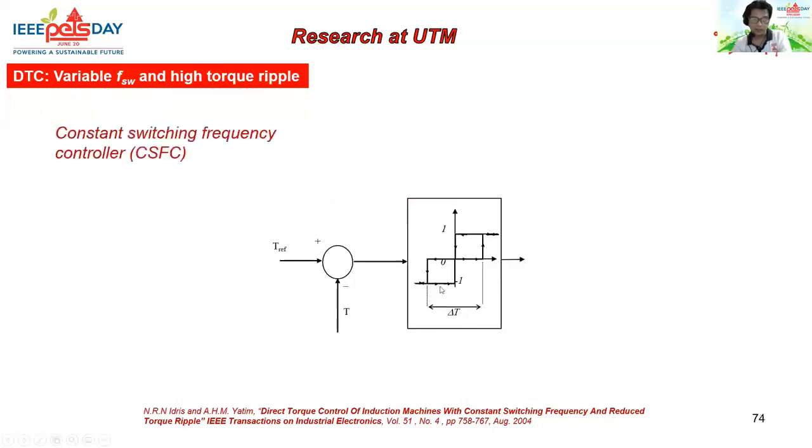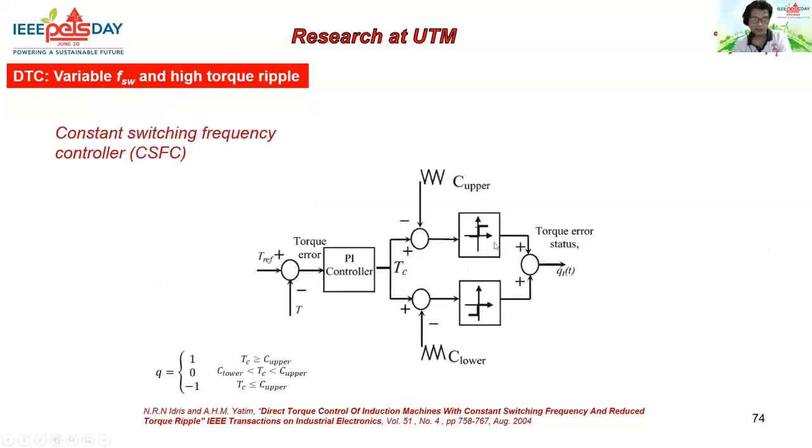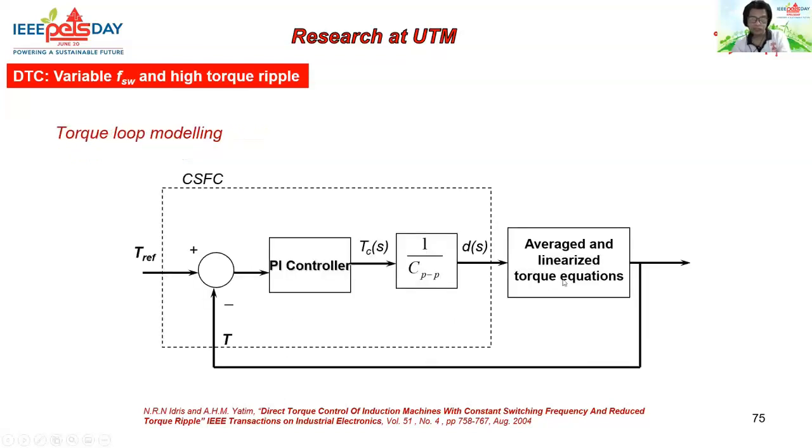The hysteresis controller is replaced by a familiar linear regulator, a similar concept to the current control regulator, where we can use a PI controller to design the control system. This means that we have to average and linearize the torque loop, and design the PI controller using conventional linear control system design tools.